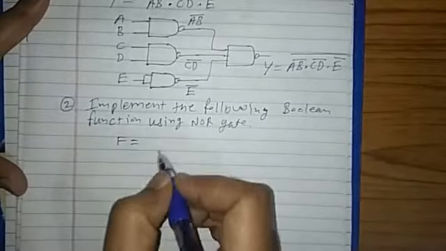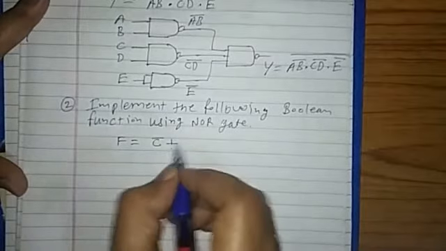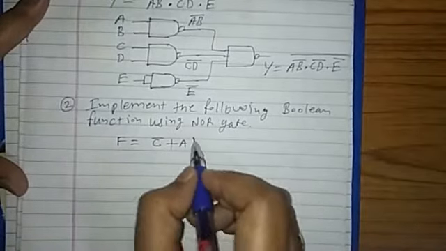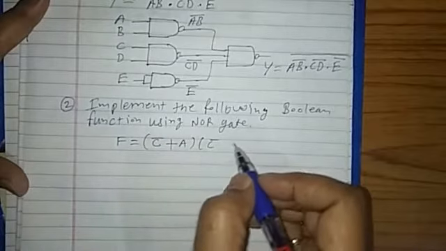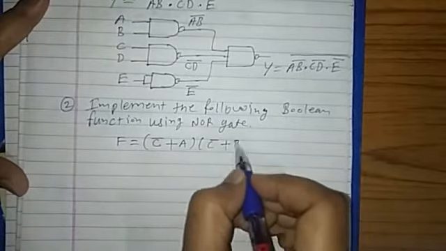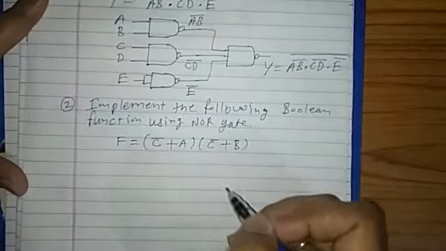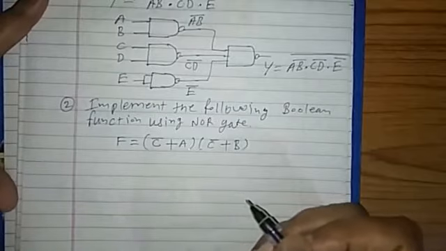F equal to C bar plus A and C bar plus B. Okay, how to do this?